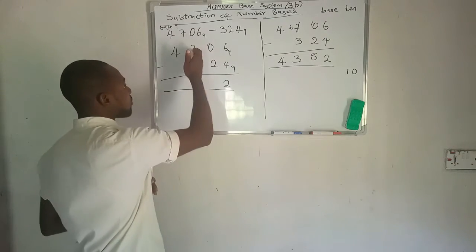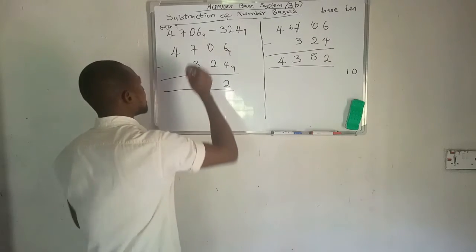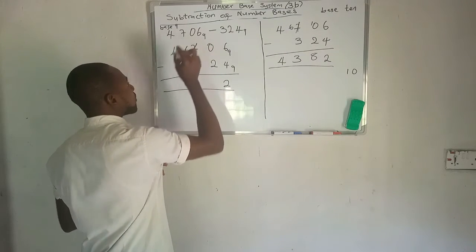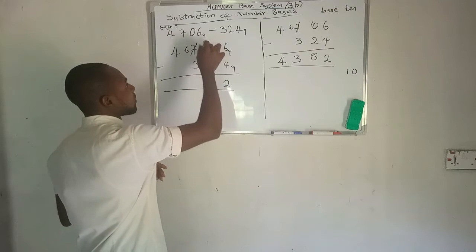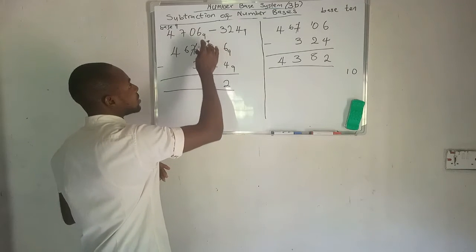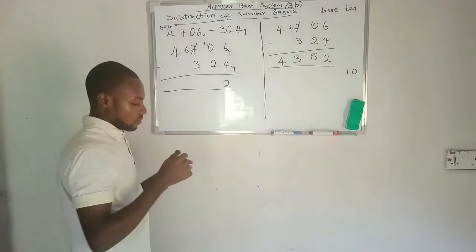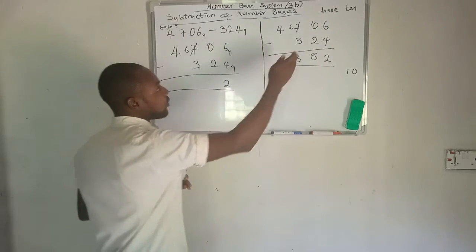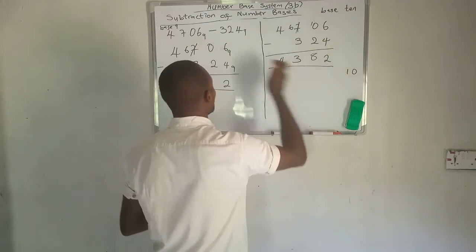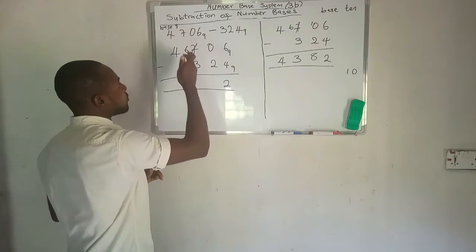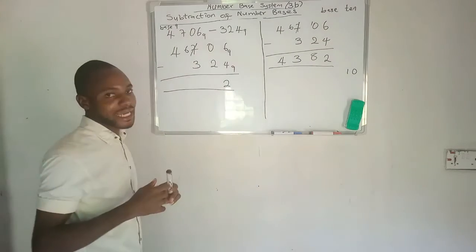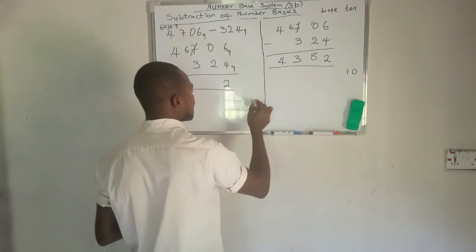We borrow 1 from here, the same thing that we did here. Now when we borrow 1 from here, instead of writing this as 10, when we borrowed 1 from here it was 10, but now we are in base 9. When we borrow 1 from here, it will be 9, so we'll have 9 here.